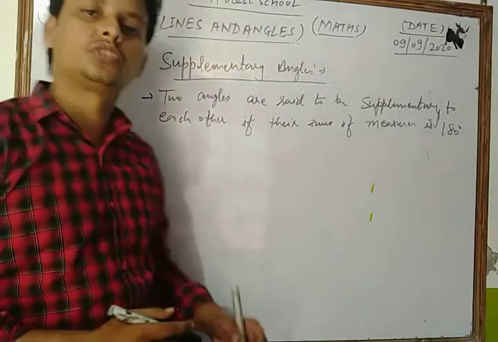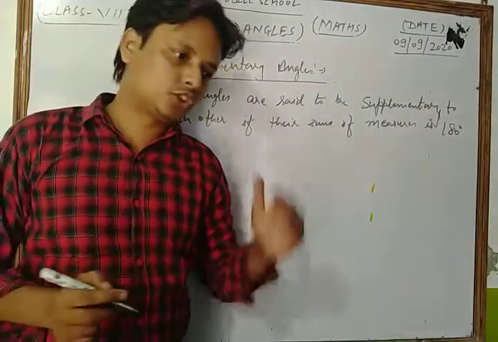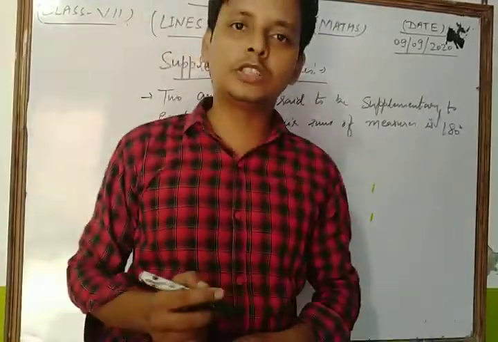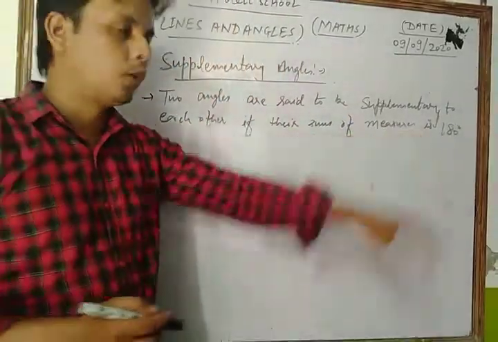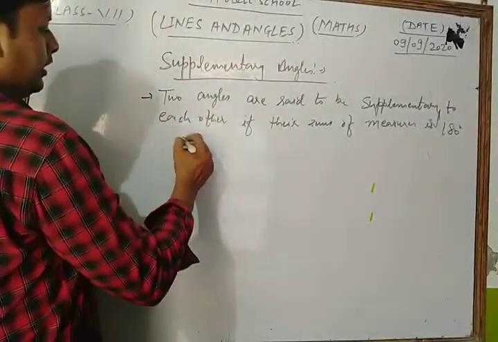This is the concept of supplementary angles, meaning two angles are said to be supplementary to each other if their sum of measures is what? 180. Let us take an example.